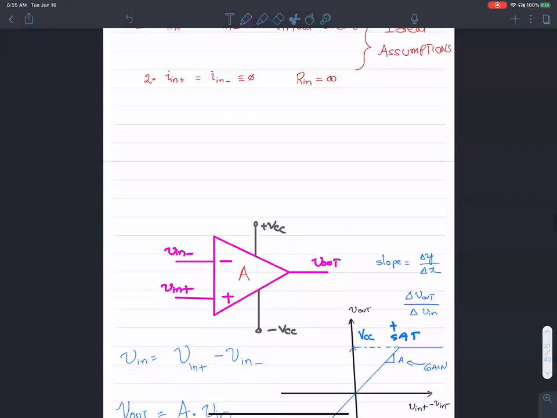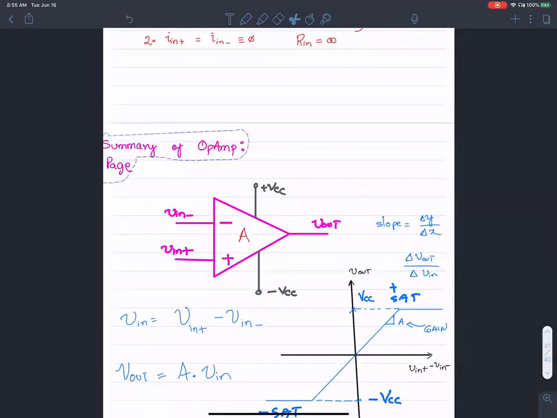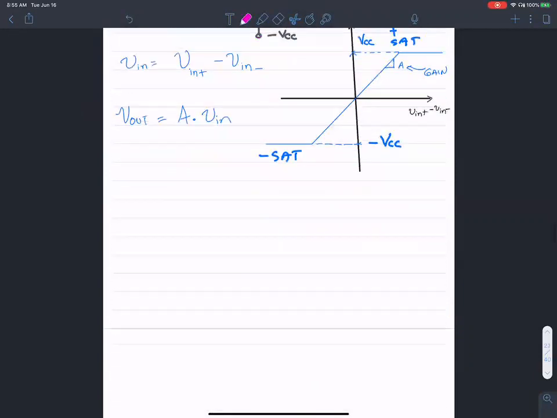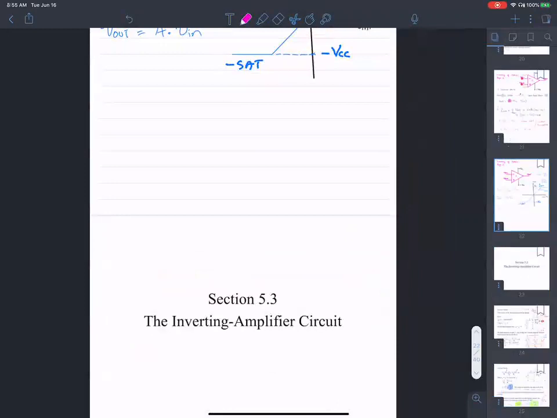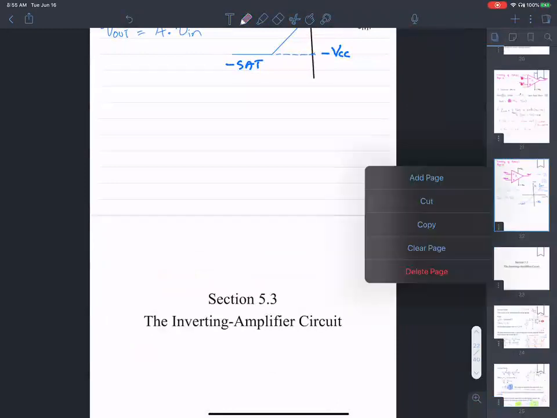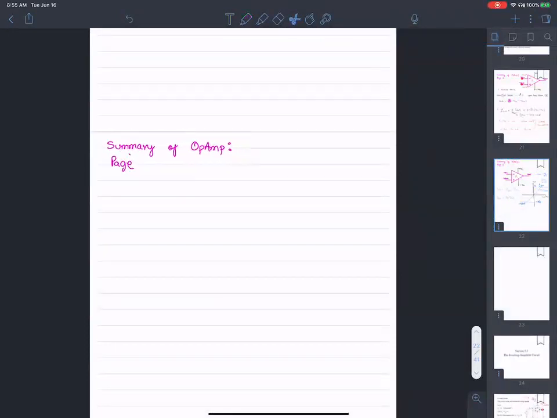Copy that, and call this page 2. Okay, and I'm going to add another page here. So let's quickly summarize what we have done so far.